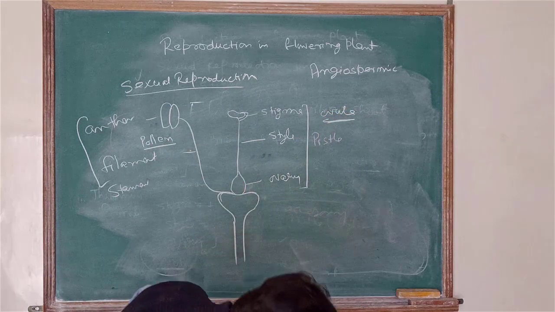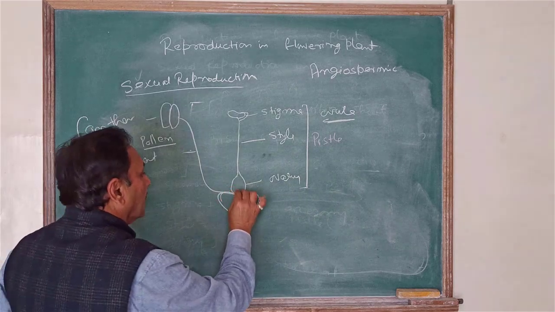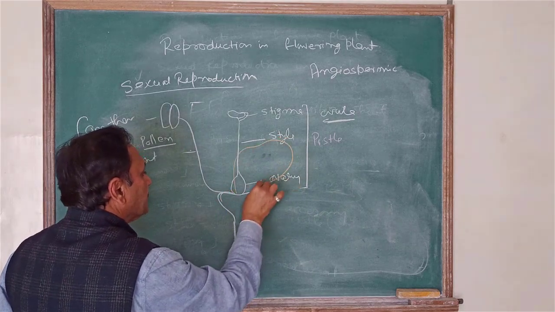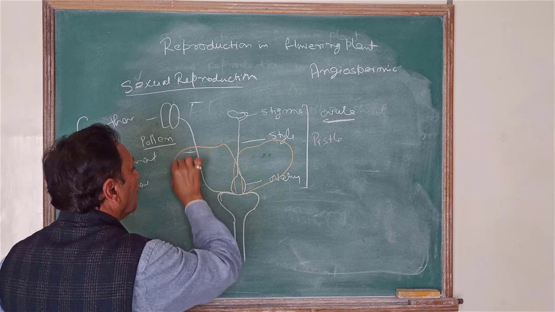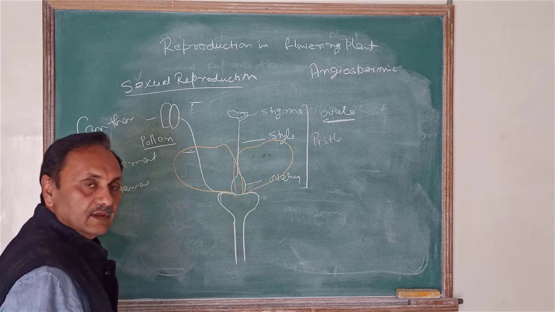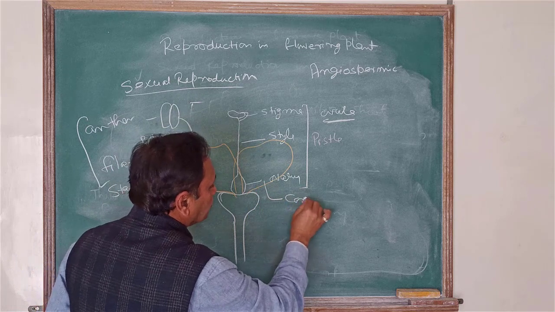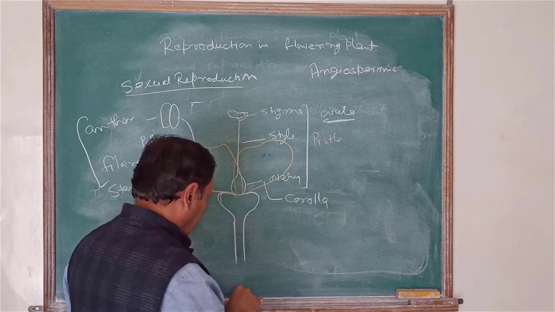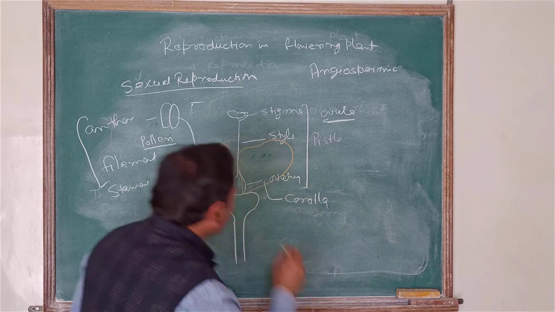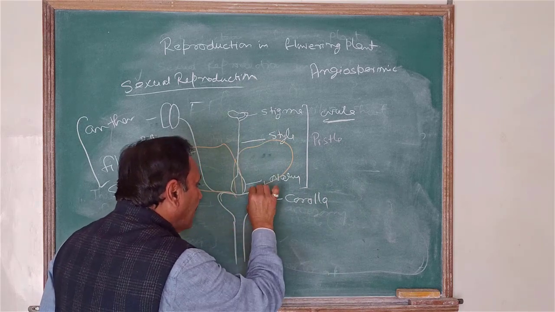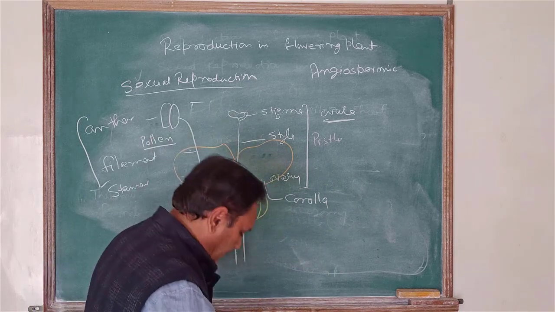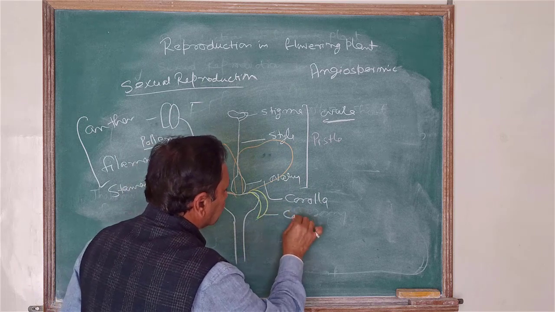In addition to that, a very attractive, colorful part of the flower is called corolla, and a small part is called calyx.